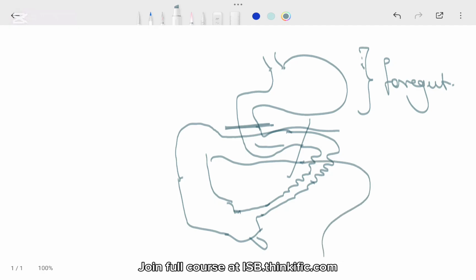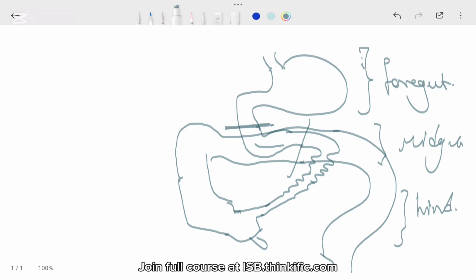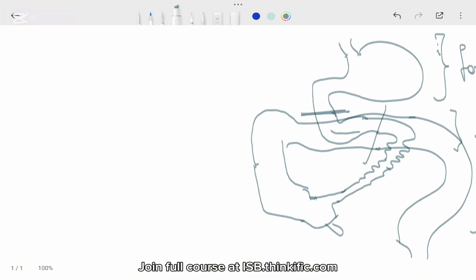Then distal to that until the rectum is the hindgut. After we've revised the parts, foregut, midgut, and hindgut, I want to talk to you about the general anatomy of the sympathetic chain.